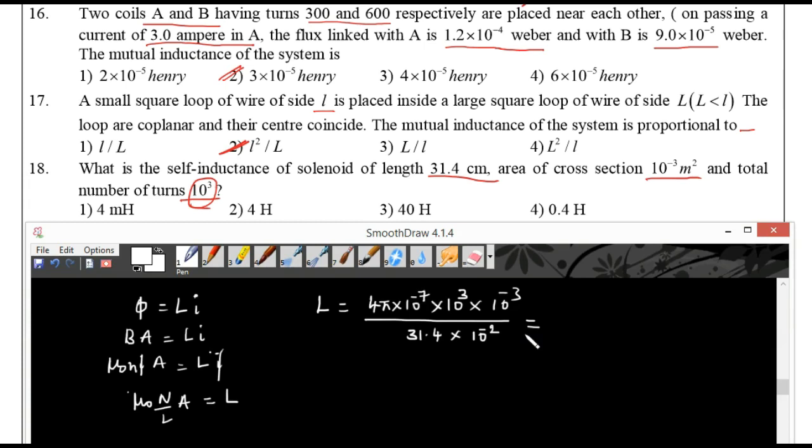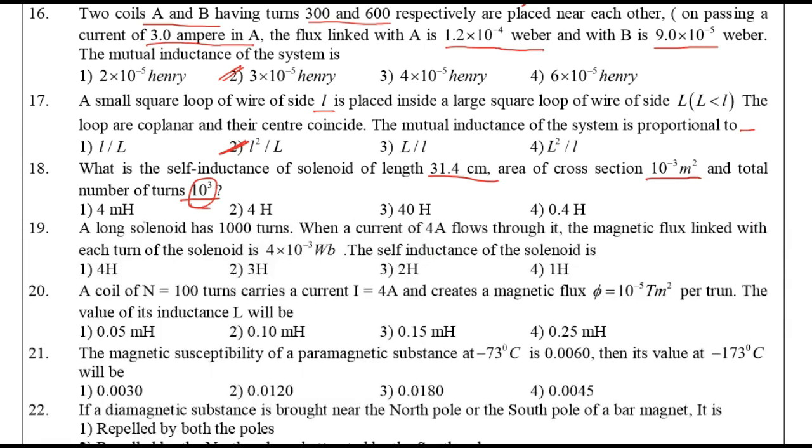How much would we be getting? Pi is 3.14, so we get 4 into 10 power minus 3 Henry, that is equal to 4 millihenry. So 4 millihenry, first option is correct.